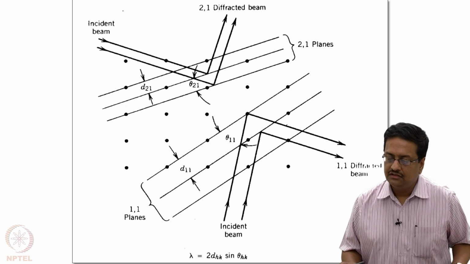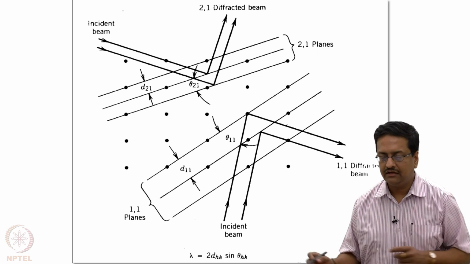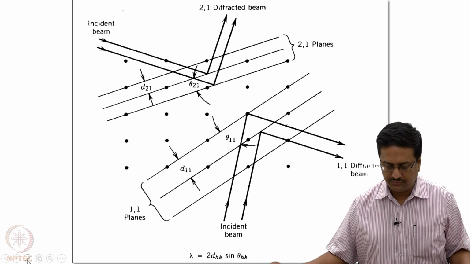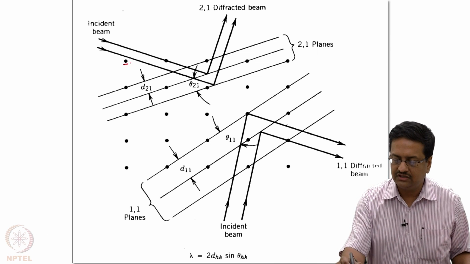Suppose this is a two-dimensional primitive lattice where you have lattice points only at the corners as shown here.